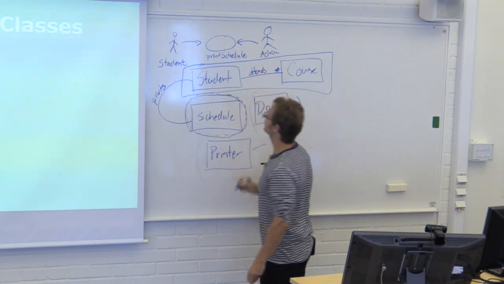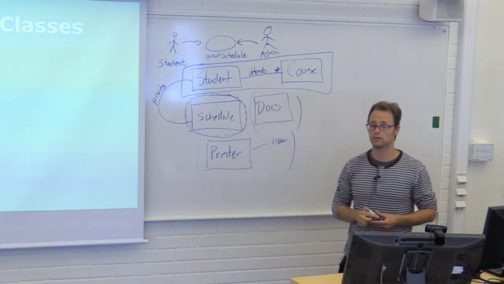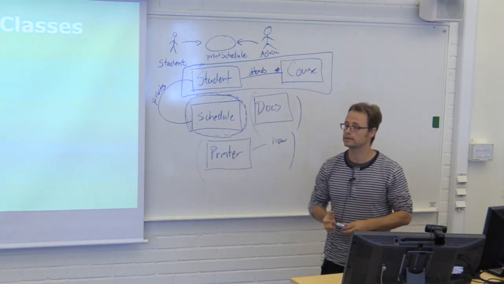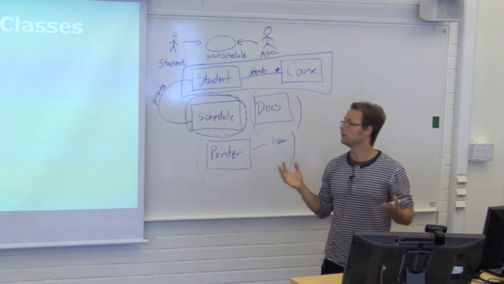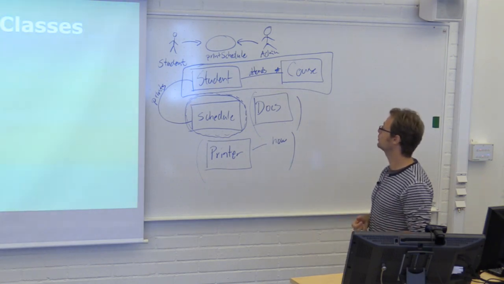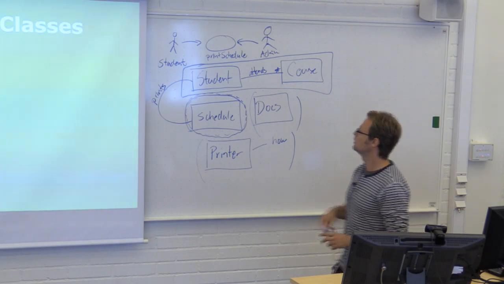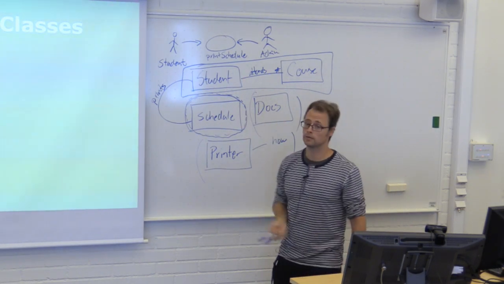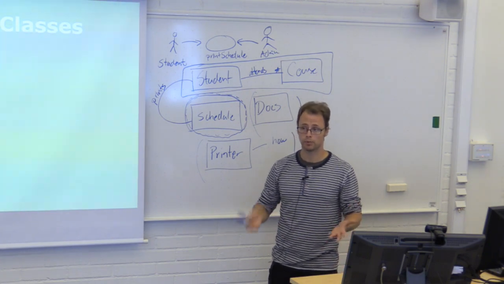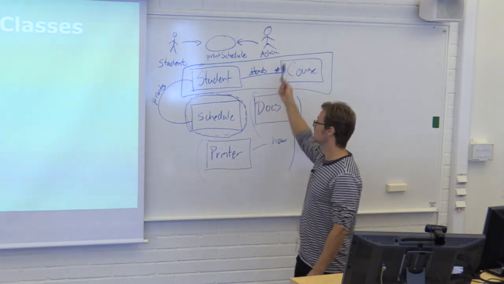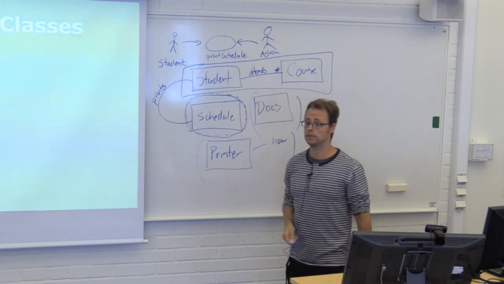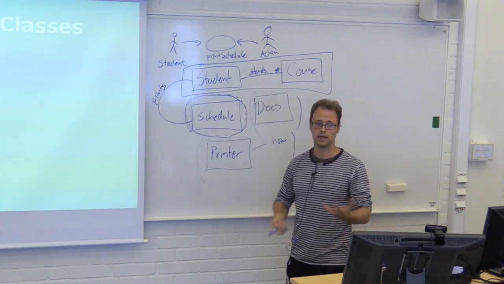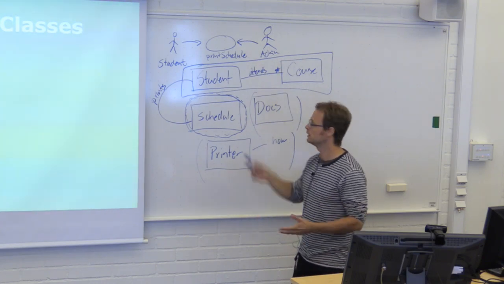Student administrator can also print the student's schedule. You can go to the administrator and ask for a schedule, and he or she will print it for you. While we need to know the student and the courses the student attends to be able to print the schedule, we don't really need to know the administrator here. We don't need to add this actor into the domain model.